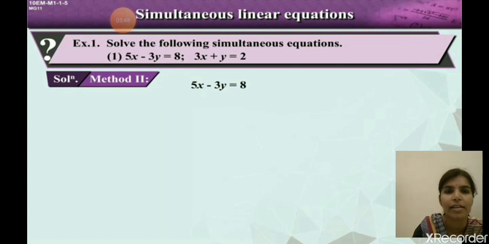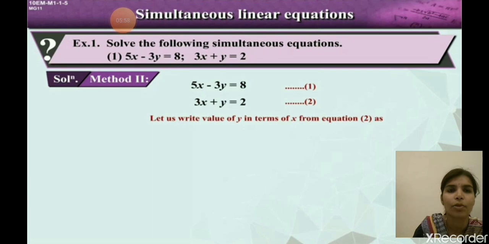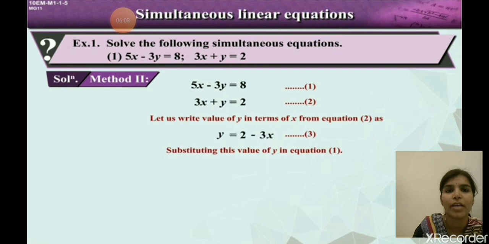Again there is another example, method 2. The same example we can solve by another method. Again we consider both equations, first and second. Then write the value of y = 2 - 3x. Put that value into equation 1.